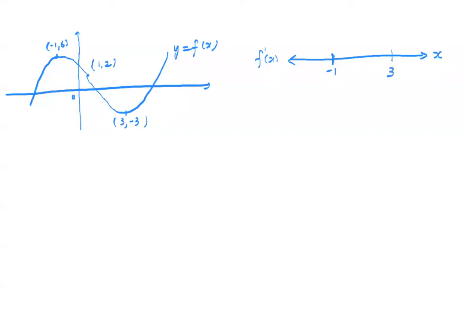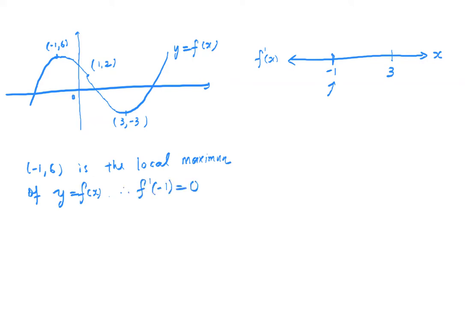All right? Because why -1 and 3? Because -1, 6 is the local maximum of y equal to fx. So therefore, f prime -1 equal to 0. That is how you analyze.